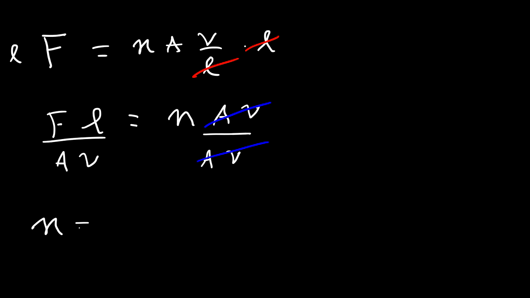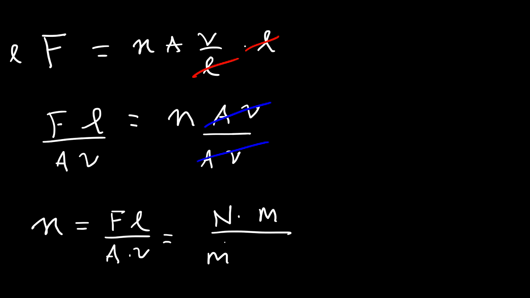So the coefficient of viscosity is the force times the length divided by the area times the velocity. The force is in newtons, the length is in meters, area is square meters, and velocity is meters per second. So we can cancel meters. So what we have is newtons divided by square meters times 1/seconds.